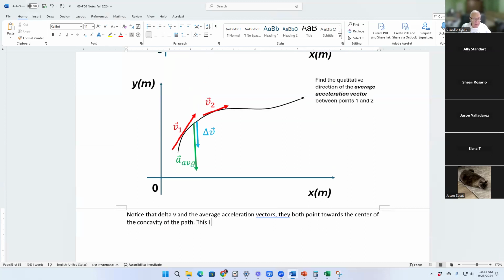This is no coincidence. These two vectors and their instantaneous counterpart will always point towards the center of the concavity of the path.